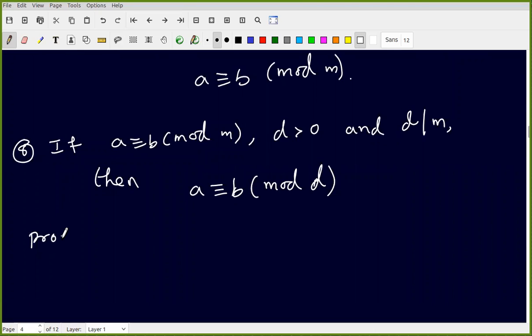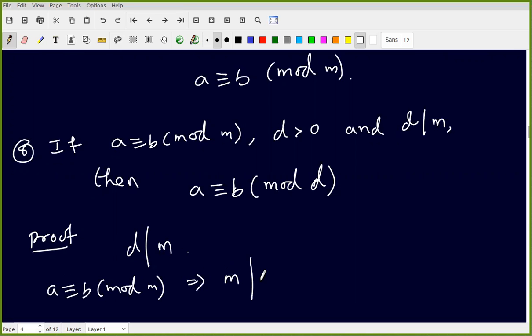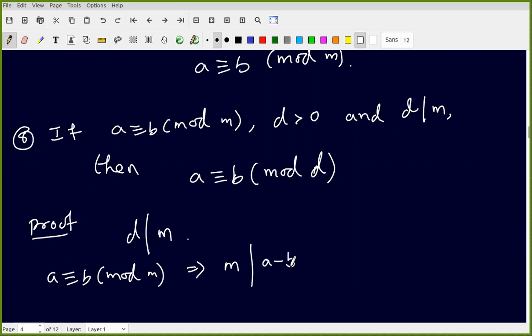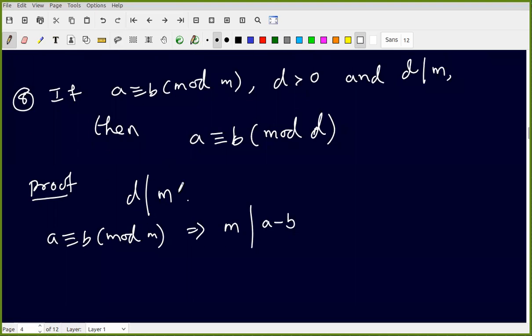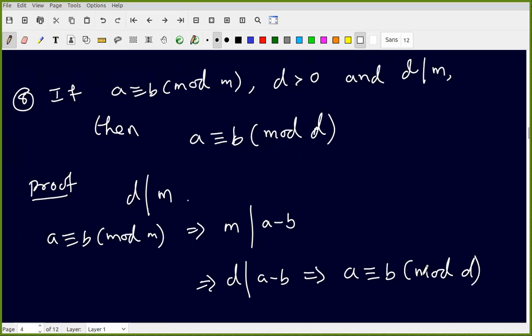Proof: we know D divides M, and A is congruent to B modulo M, which gives by the definition that M divides A minus B. Now we use the transitive property of division: D divides M, M divides A minus B, which implies D divides A minus B. So again, by the definition of congruence, A is congruent to B modulo D.